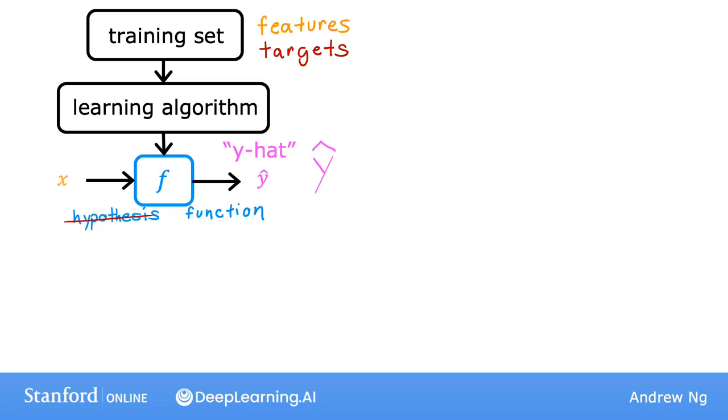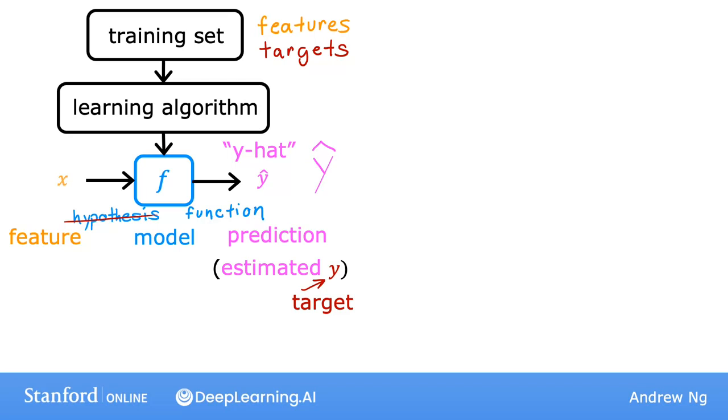The function f is called the model. x is called the input or the input feature, and the output of the model is the prediction y-hat. The model's prediction is the estimated value of y. When the symbol is just the letter y, then that refers to the target, which is the actual true value in the training set.